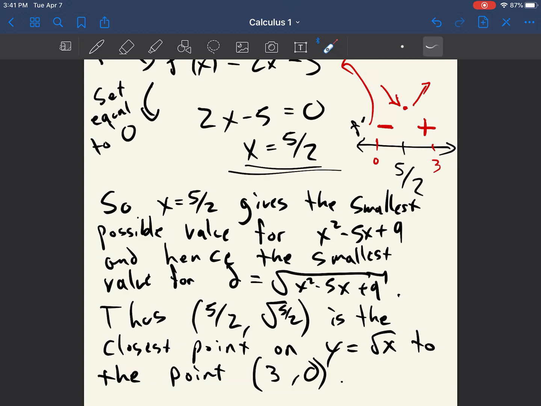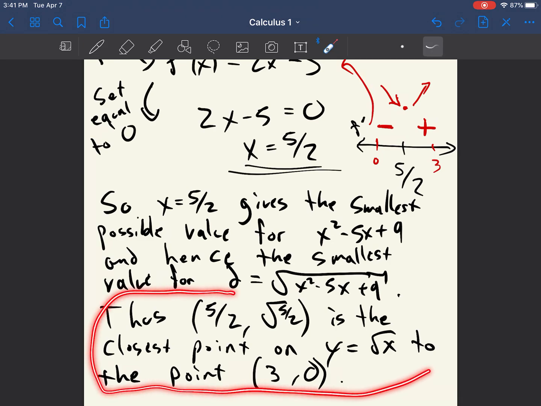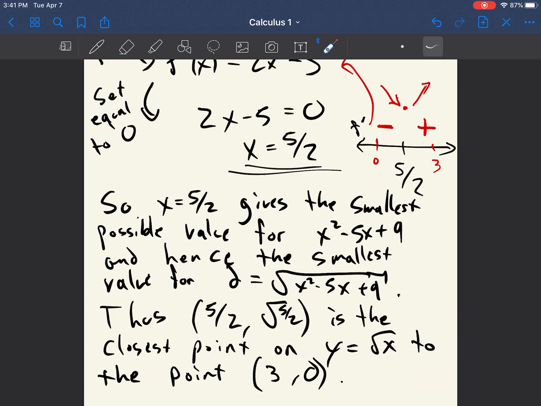So this last sentence here is really the solution to our problem. We found the point that is closest to 3, 0 and lies on this graph.